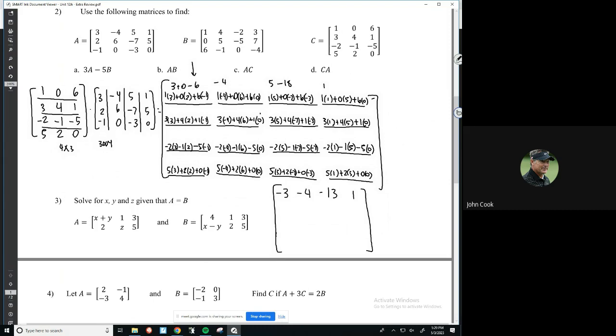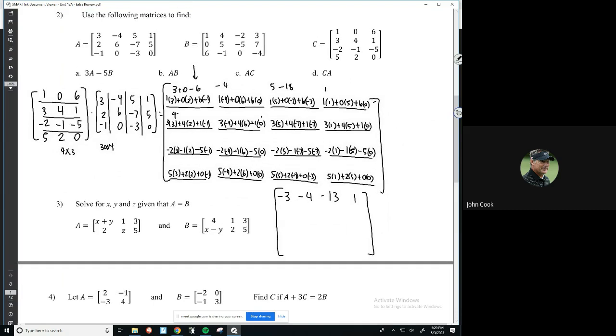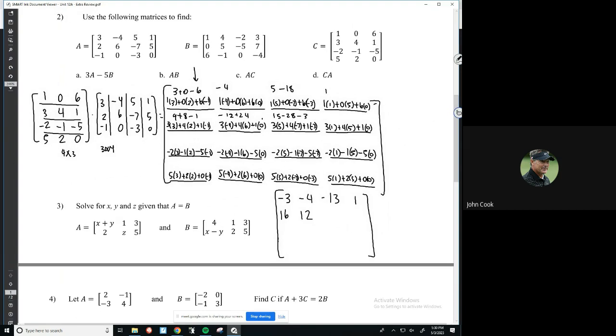Row 2. 9 and 8 and minus 1, so that'd be 8 and 8, 16. And then we've got negative 12, 24, and 0, so 12. 15 minus 28 minus 3. So that'd be negative 13 minus 3 is negative 16. 3 and 20 and 0, 23.